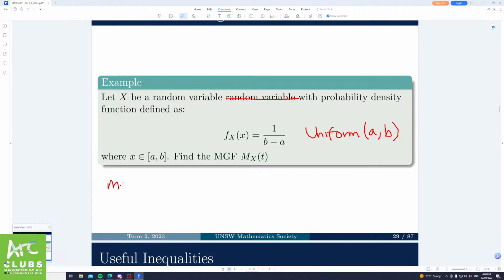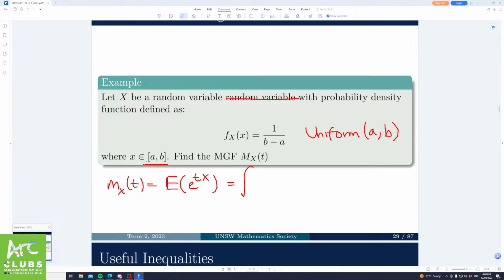Now, the moment generating function, I'll use the variable t here, you can use u as well, is going to be equal to the expectation of e to the tx. Thinking back to a previous slide where this was our g of x, this is going to be equal to the integral.